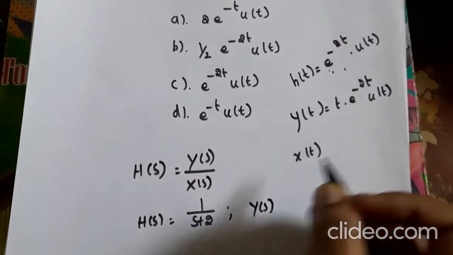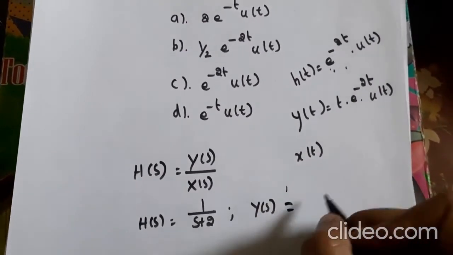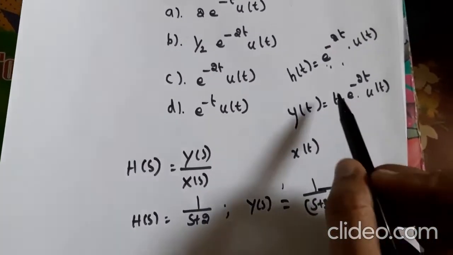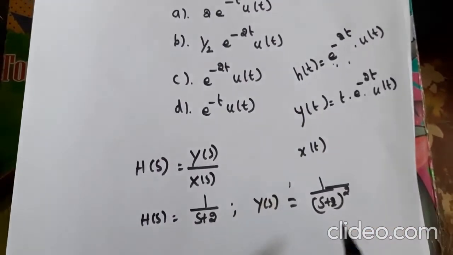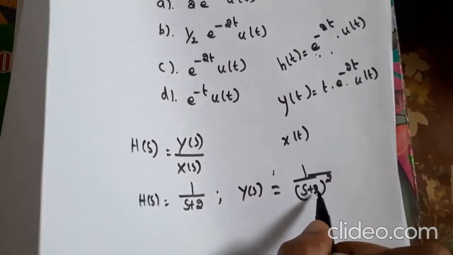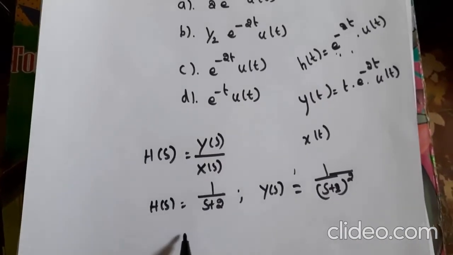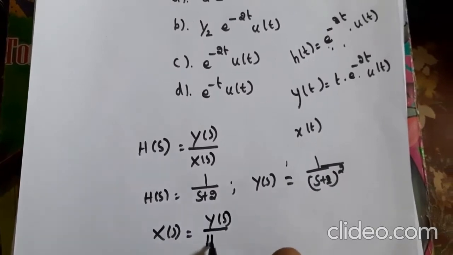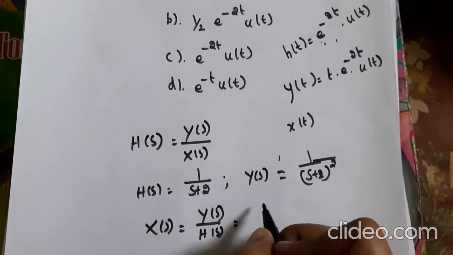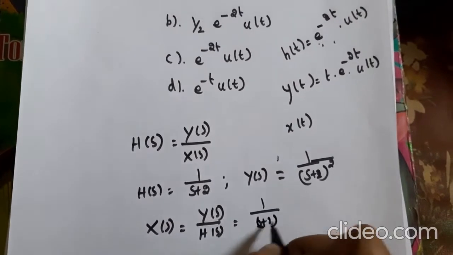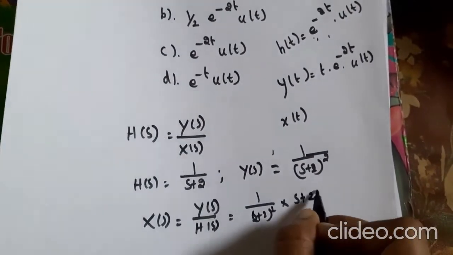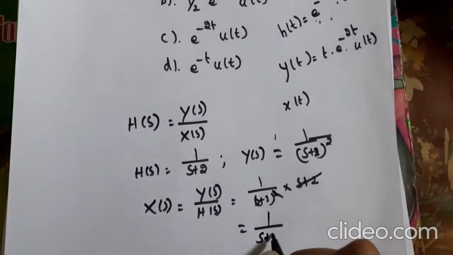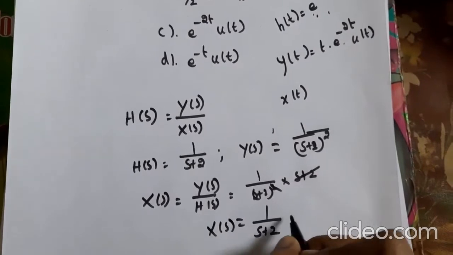Similarly, the Laplace transform of y of t, because it is multiplied with t, gives y of s equal to 1 by s plus 2 the whole square. Now we find x of s equal to y of s divided by h of s, so we get 1 by s plus 2 the whole square into s plus 2. One s plus 2 cancels with one s plus 2, so x of s is equal to 1 by s plus 2.